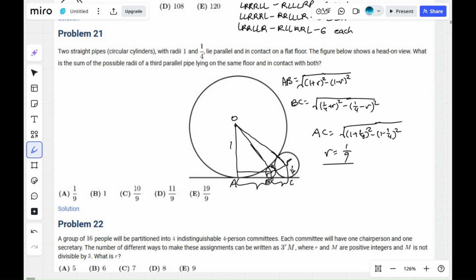And then we can basically do the same thing for the other case where the new circle is bigger than the other two, because we see that the lengths are still gonna add to another length that we can find using Pythagorean. So after that, the r's will be 1/9 and 1. So the sum of the radii of the third parallel pipe is 10/9, which is C.